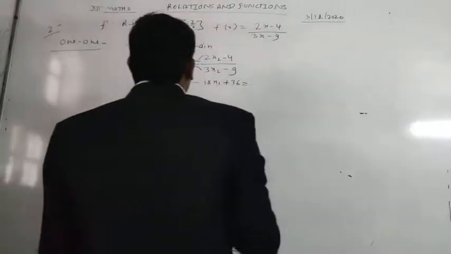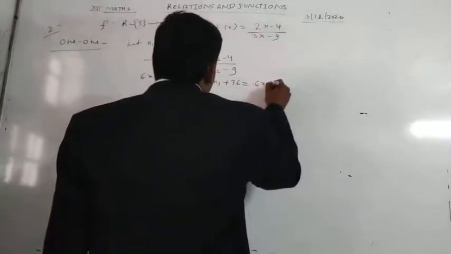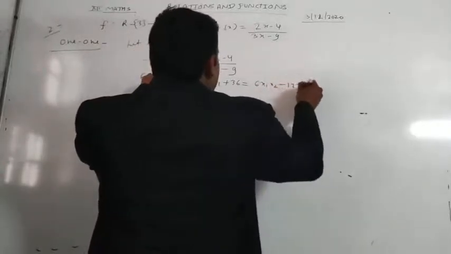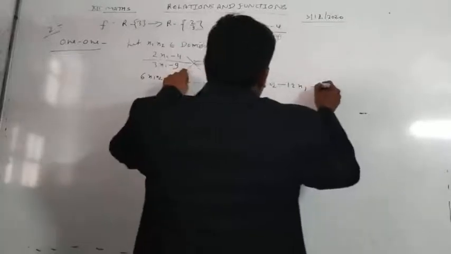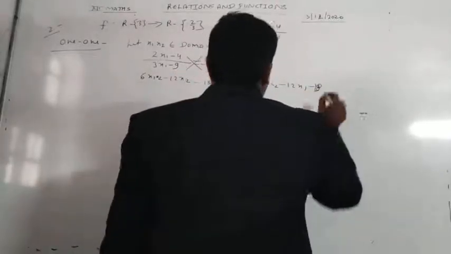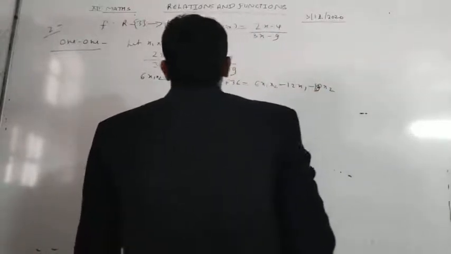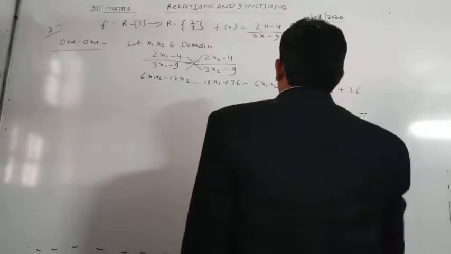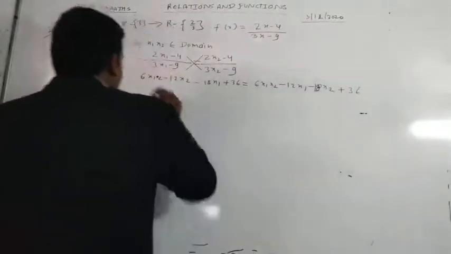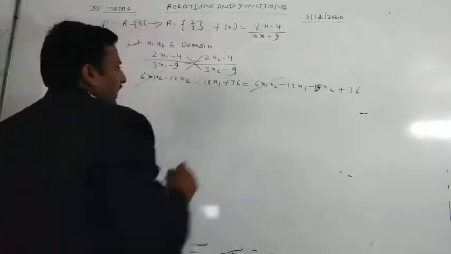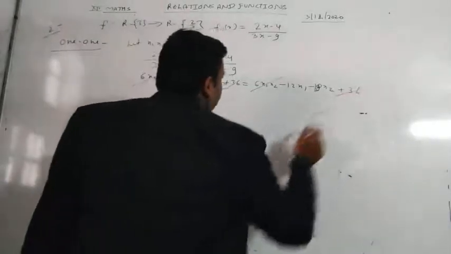is equal to 6x1x2 minus 12x1 minus 18x2 plus 36. So we see that 6x1x2 is cancelled and 36 is also cancelled.